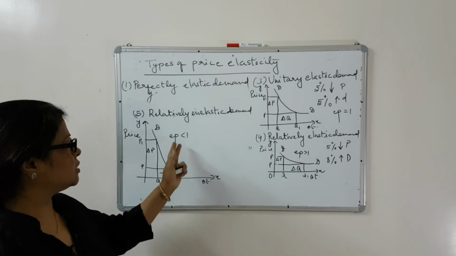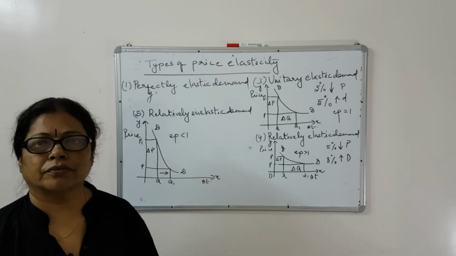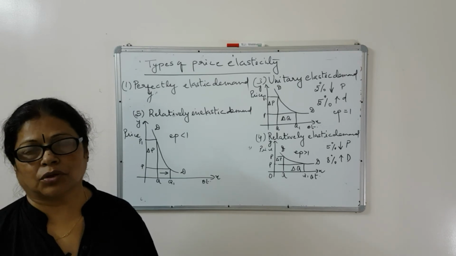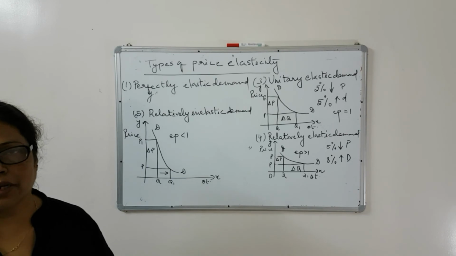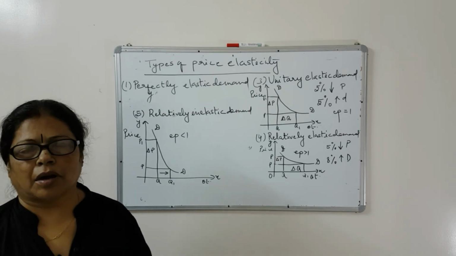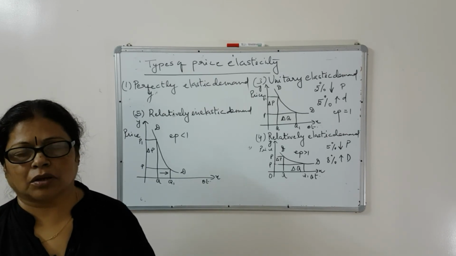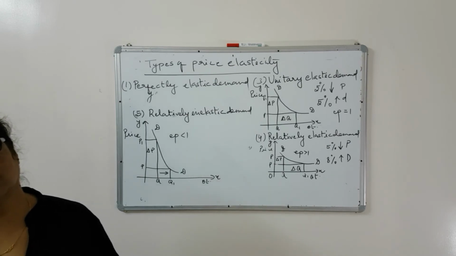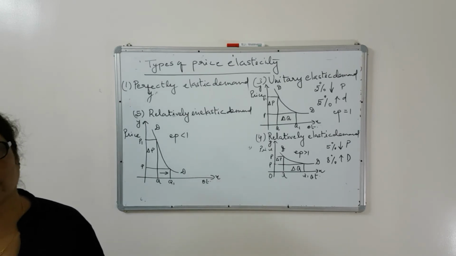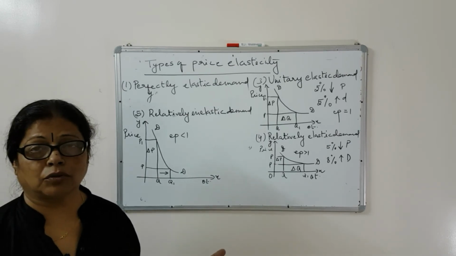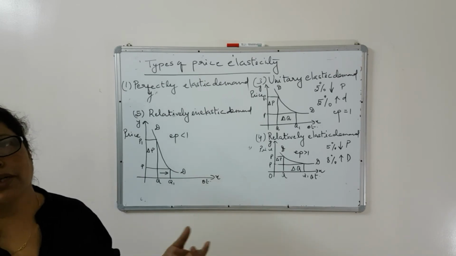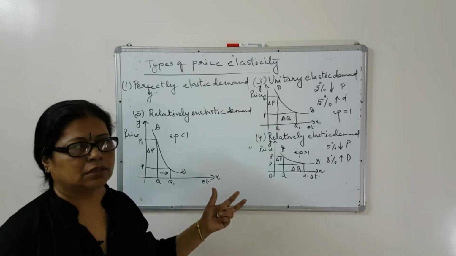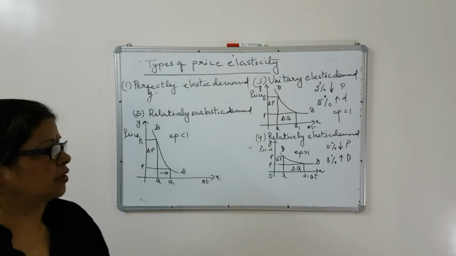So this is applicable in case of necessities. Drinking water. If drinking water is available at a high price, our demand will not fall, because we have to consume drinking water, whatever the price.